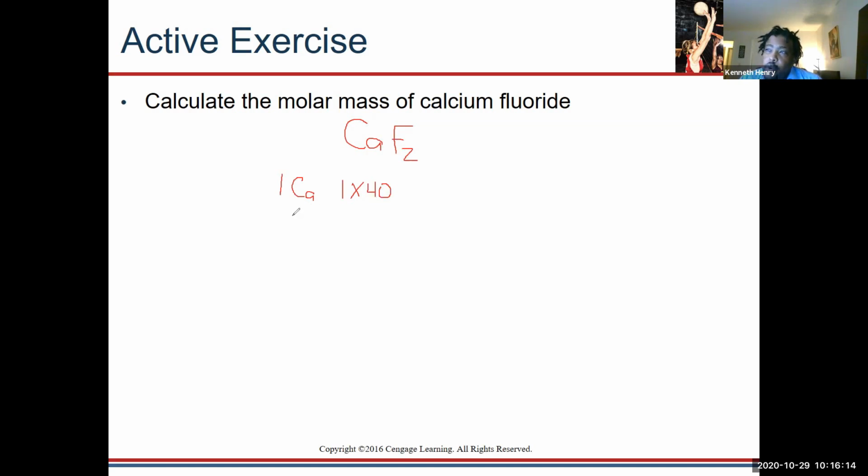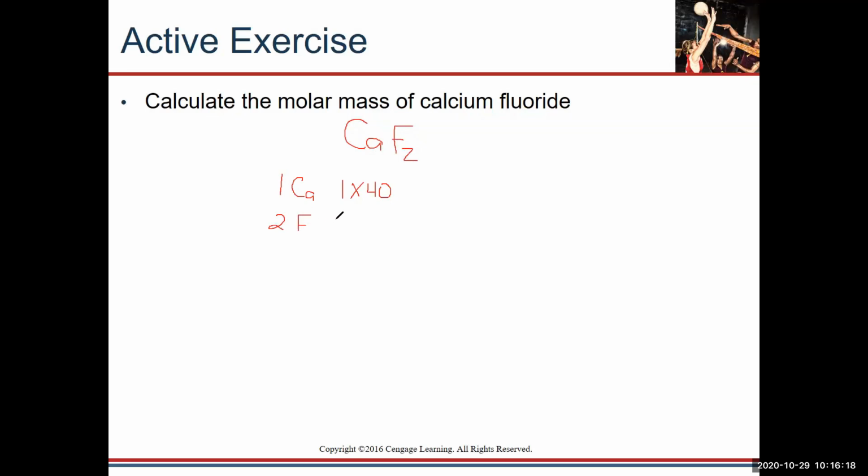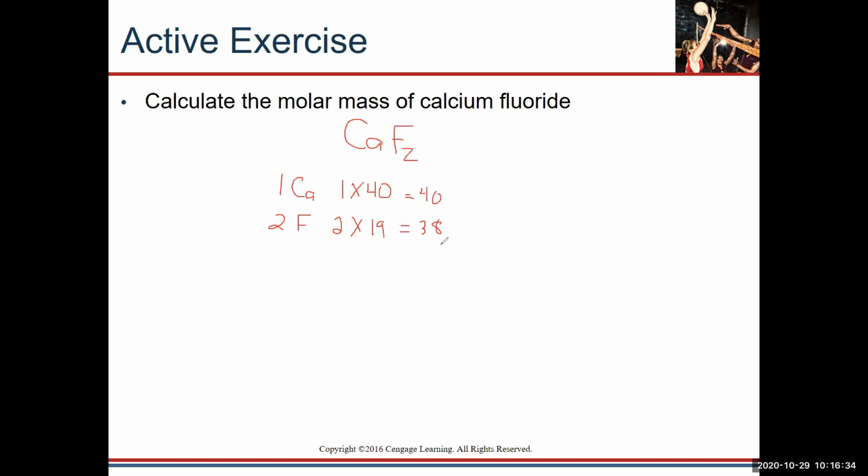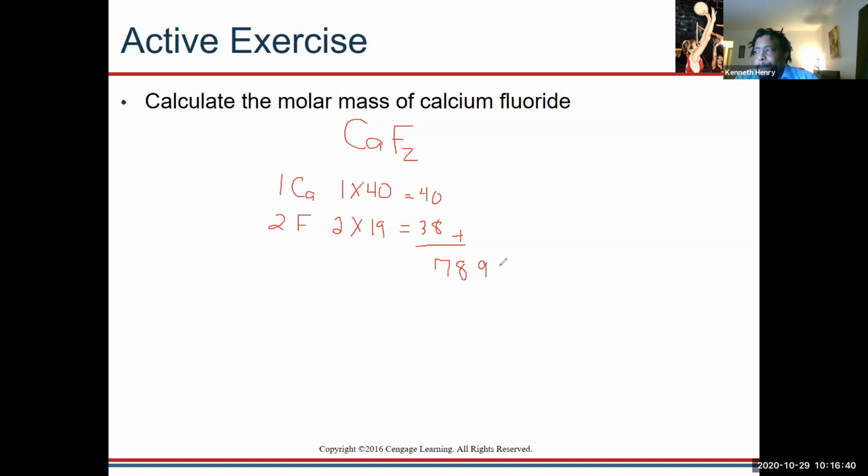How many fluorines do I have? 2. And what is the molar mass for fluorine? 19. Okay, so 38 plus 40, 78. And the units would be grams per mole.